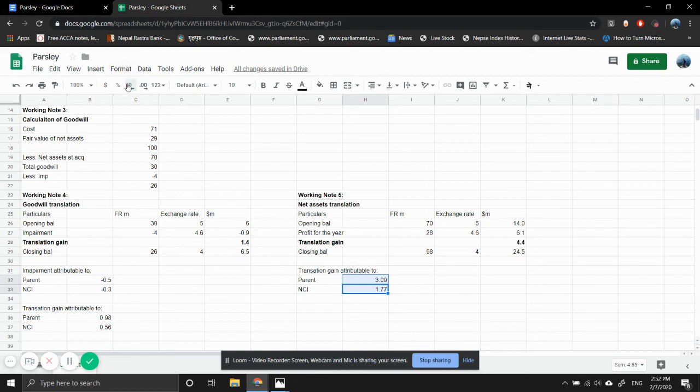So let's make it single digit, makes it easier. So this figure will be reported in OCI, okay?